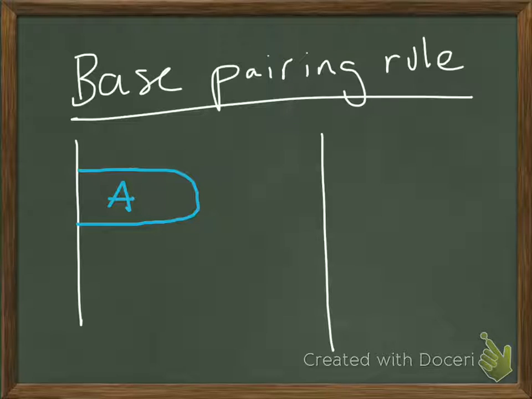The only thing that pairs with an A is a T. So we have adenine and thymine. You will never find them paired with anything else in DNA.